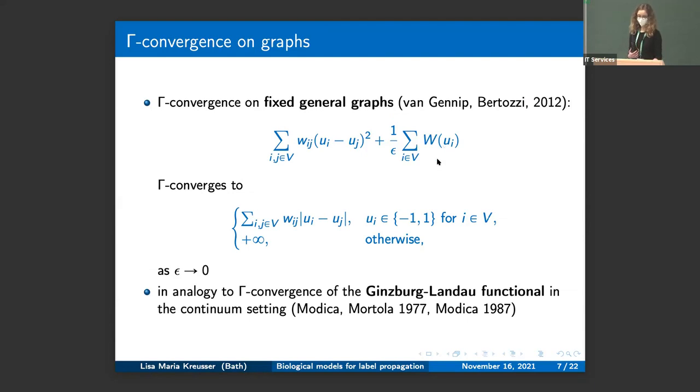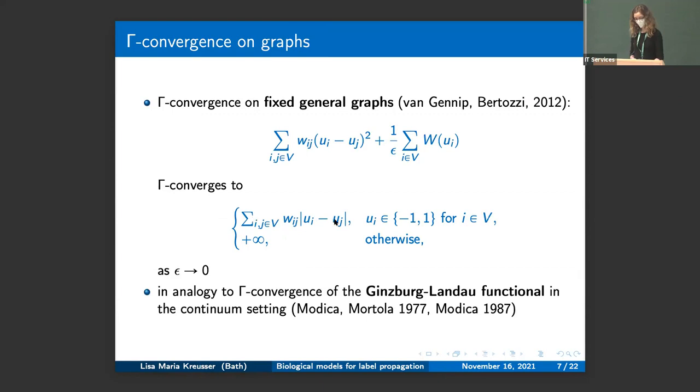And given this functional with this coefficient 1/epsilon, one can show rigorously that as epsilon goes to 0, the limit is given by the functional given over here. So basically, this means that all the labels will be -1 or 1.